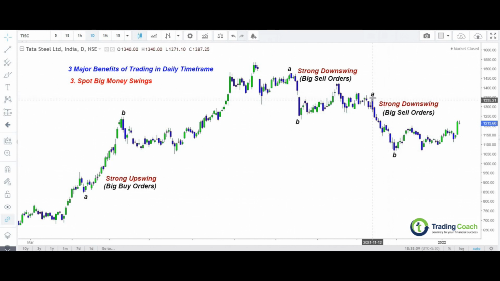And likewise, once again we can see some big sell orders coming into the market, right? So when you use daily chart, you can clearly notice these big price swings, and these big price swings tell us which direction the big players are actually engaging in the market. All right, so this is another important and major benefit of using the daily time frame.